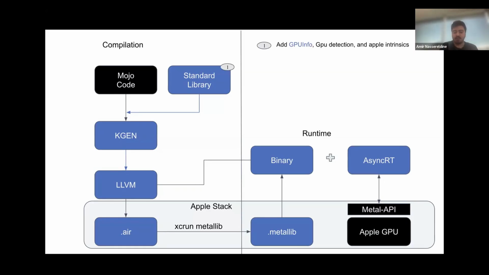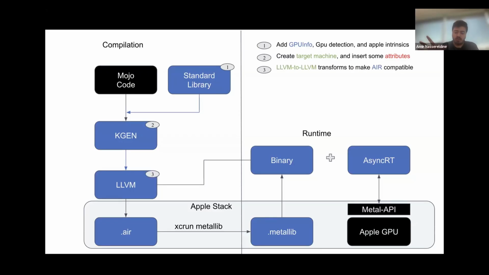This is an overview of the steps of each component, what needs to be done, and so on. So in the standard library, I'll have to include GPU info and some Apple-specific functions. In Keygen, our compiler, there are some ways we need to create a target machine.